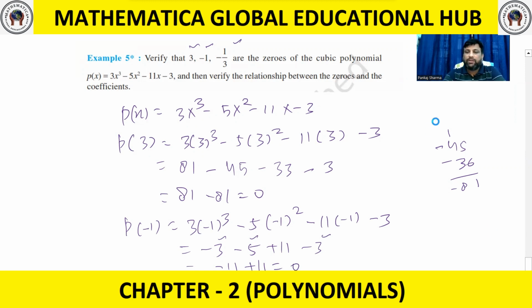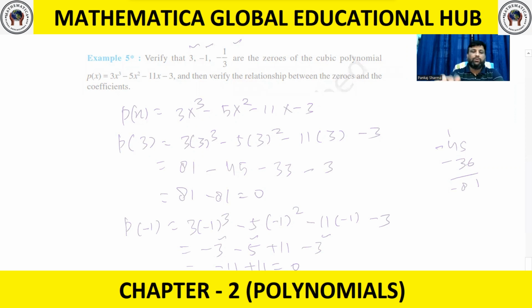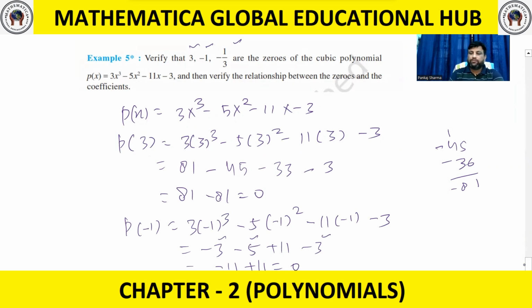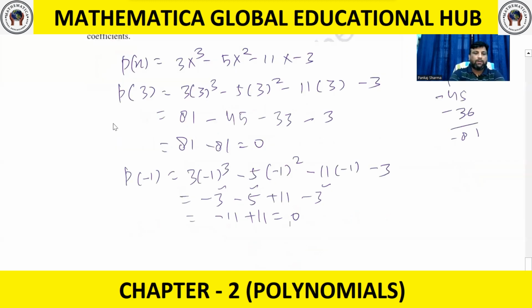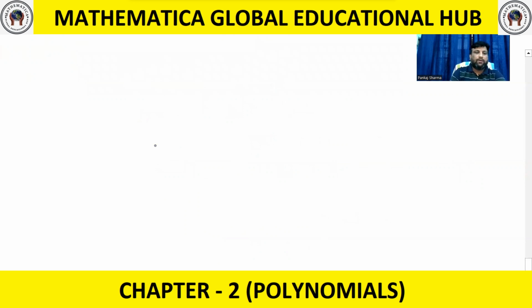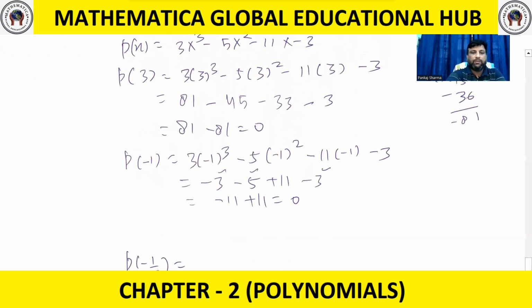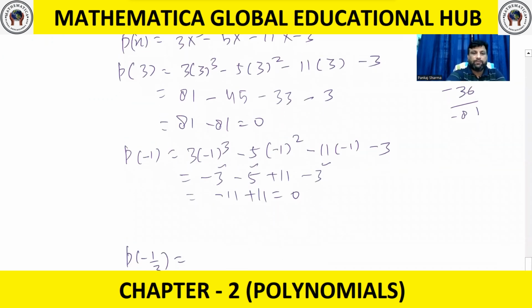Similarly, we can check for p(minus 1 by 3). So how to work it out? The equation is given as 3x cube.